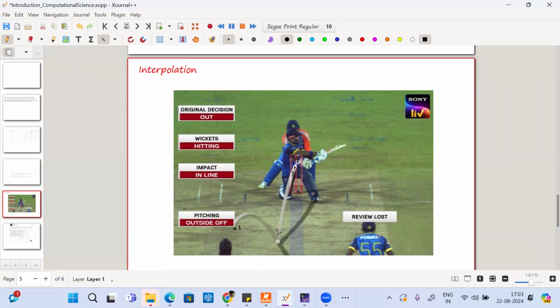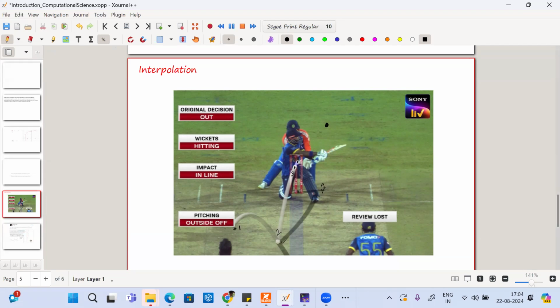But mind you, it is not generating where the ball will go later. It does only the point where it is required. Since the player will always be near the wicket, the distance is very small, so they can predict with better accuracy. The moment they try to predict where the ball goes later, the accuracy decreases.